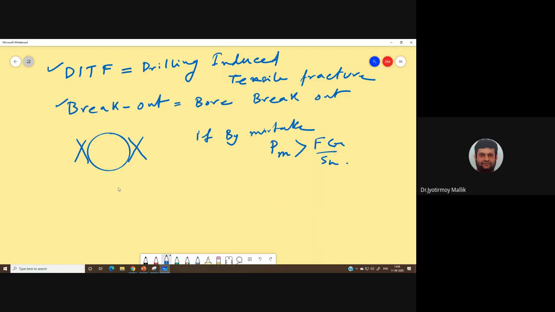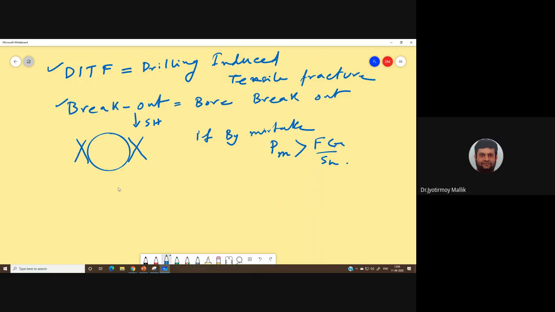What are shear fractures? We will study in our structural geology class later on in the next semester. But for the time being, remember they happen as conjugate pairs. Okay, and generally the acute bisector of the shear fracture is parallel to S capital H. So there are fractures in one direction of the borehole.